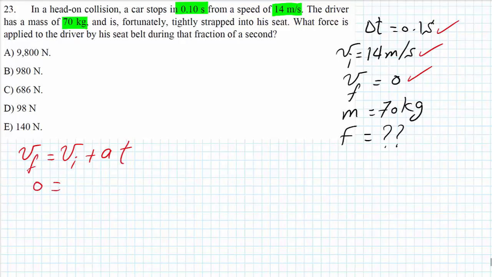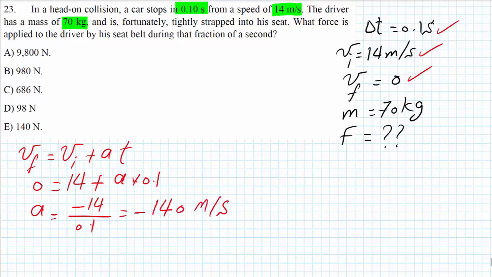V final is 0, initial velocity is 14, acceleration we don't know, the time is 0.1 second. So the acceleration is negative 14 over 0.1 gives you negative 140 meter per second square, and the negative here, it's slowing down. The object slows down because of the accident.